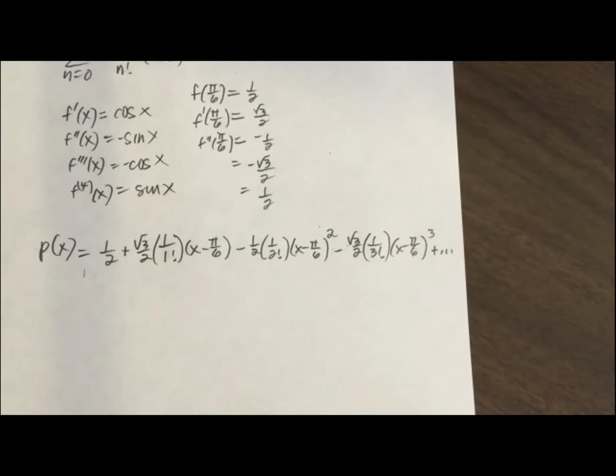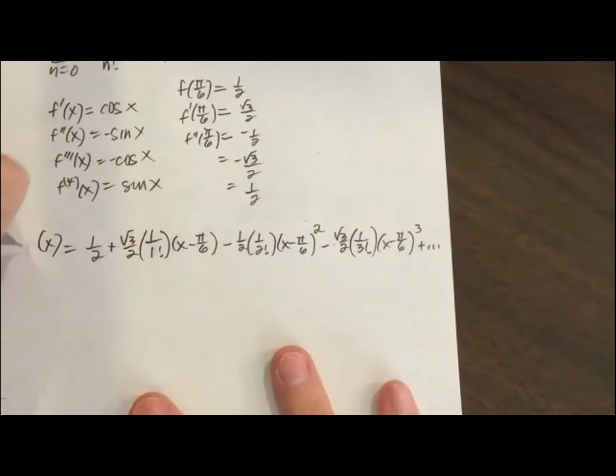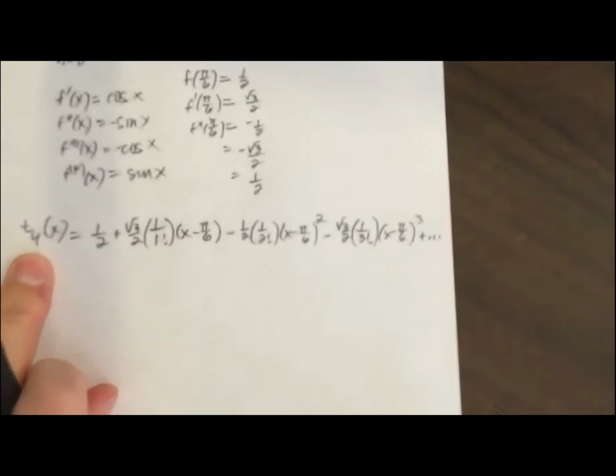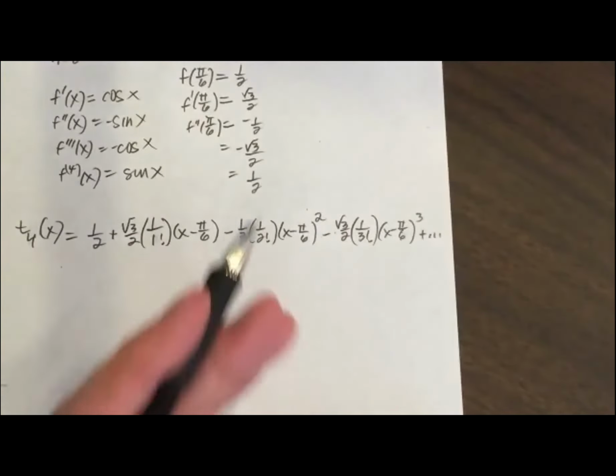All right, that's the first part. What's the next part? Well, the answer is wanting T sub 4 of x. So it's wanting an actual expression, not T, right? You wanted a Taylor polynomial, and the one that goes with 4. I don't know if this means the 4th power or if this means with 4 terms.